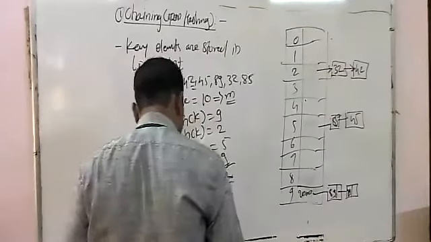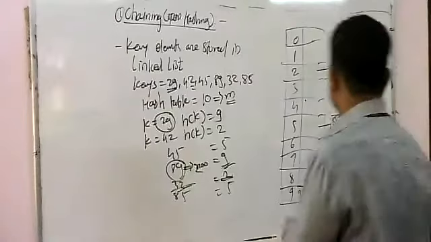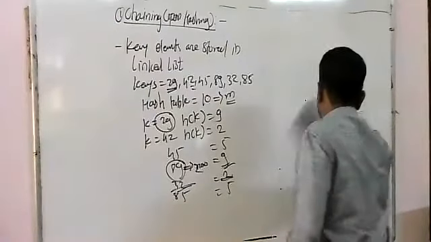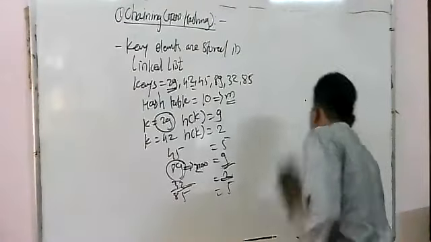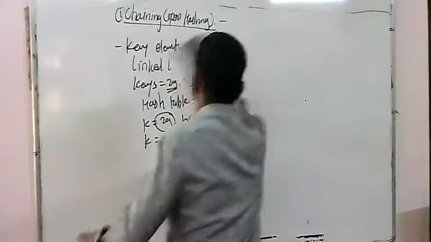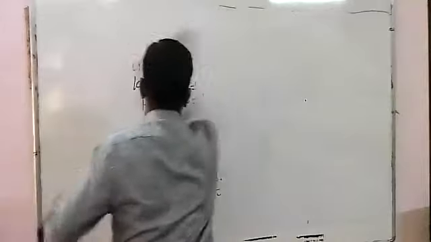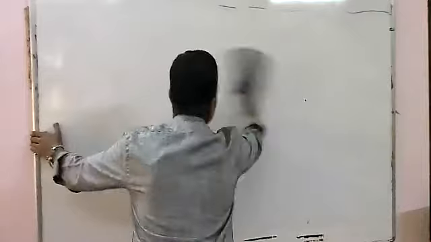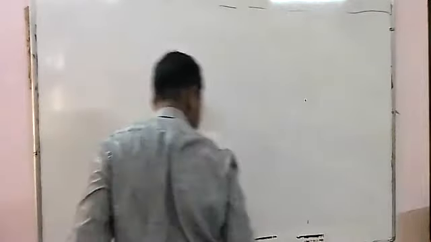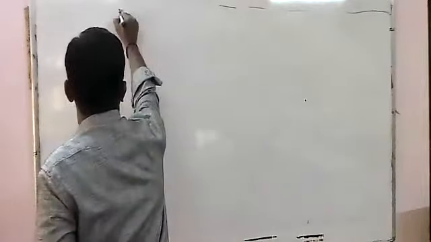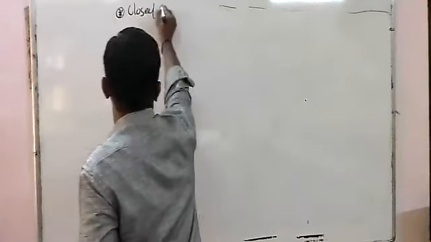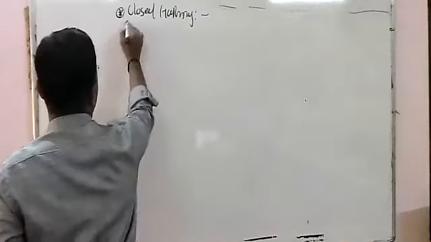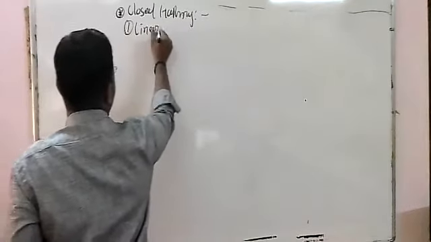Then next is nothing but closed hashing. Closed hashing is done by 3 ways. First one is linear probing.